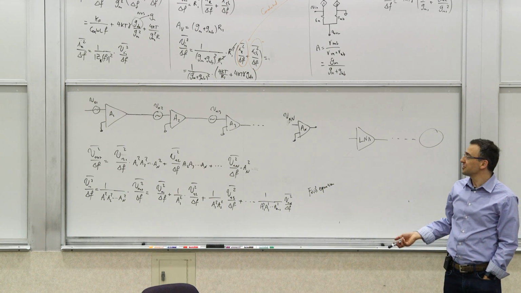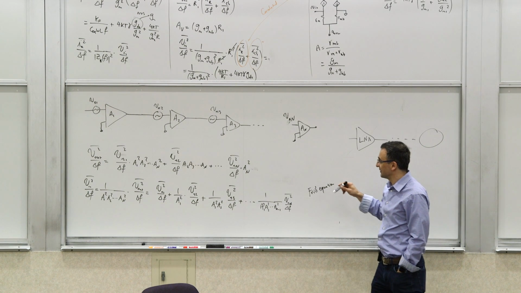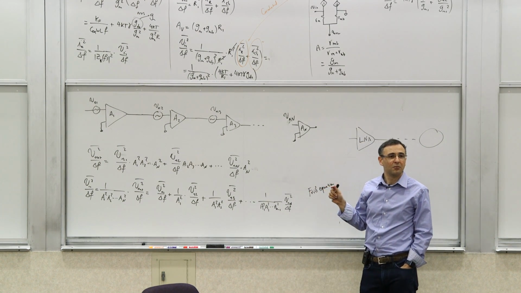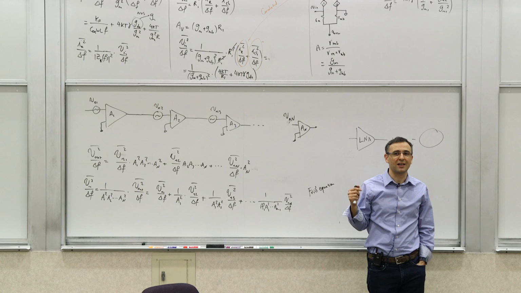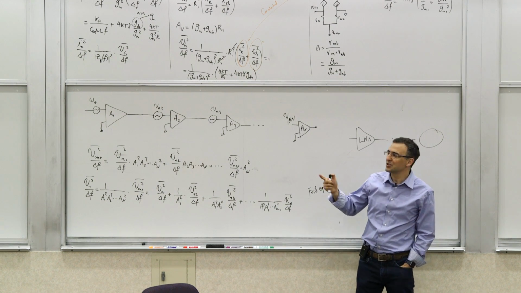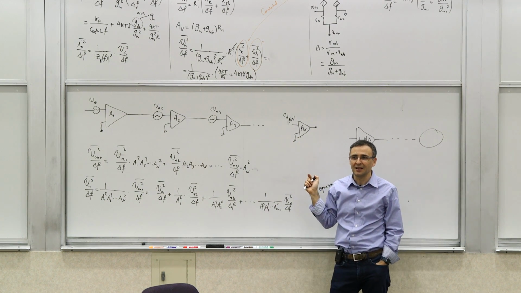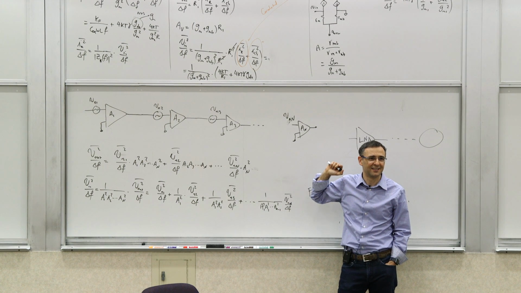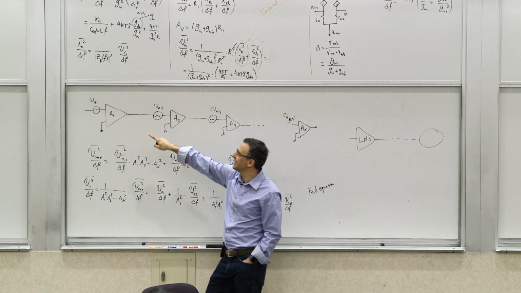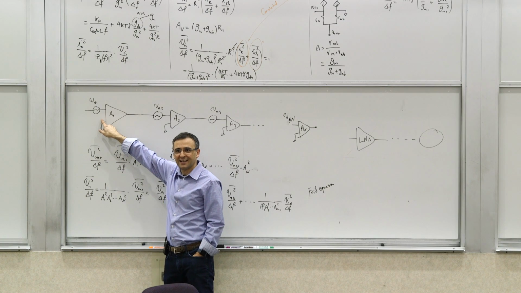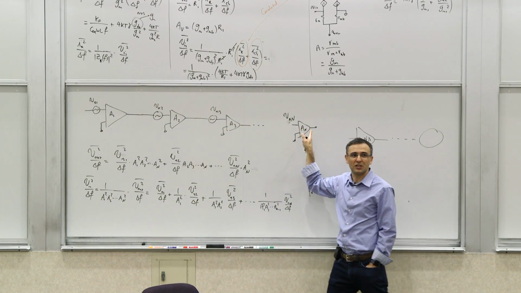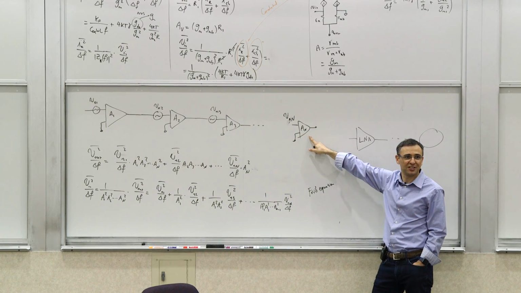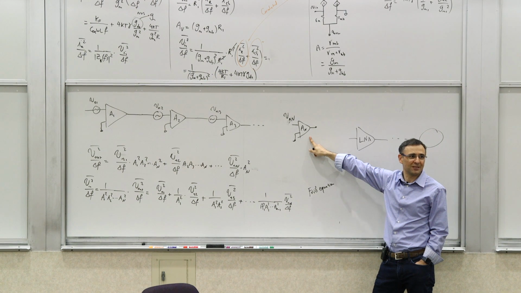Now, an interesting subsequent conversation, which we haven't talked about yet, is nonlinearity. What if you have a chain of amplifiers? The nonlinearity is opposite, because your signal is weakest at the start and gets larger and larger. So the nonlinearity of your last stage is the most important one in a chain.